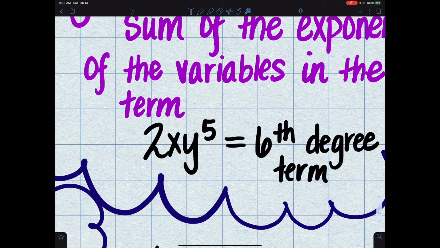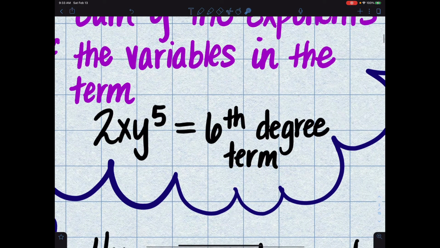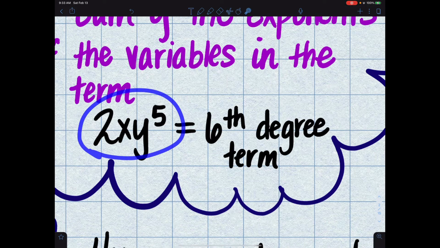That'll give you the degree of the polynomial. Okay, so let's practice a few just to remember how to do it. This term, 2xy to the fifth, is going to be a sixth degree term. I call it a term just because it's only one expression. It's not like x plus x squared plus y, it's just one term.